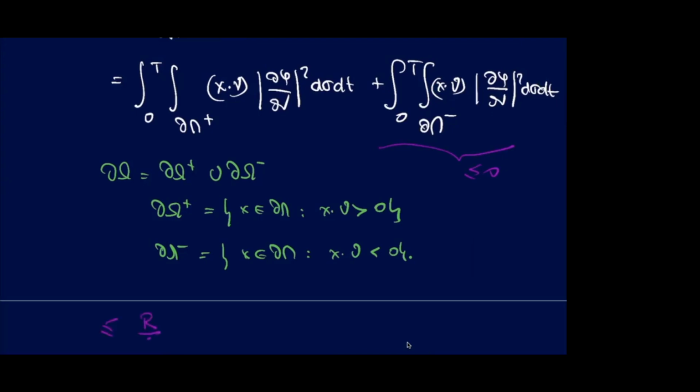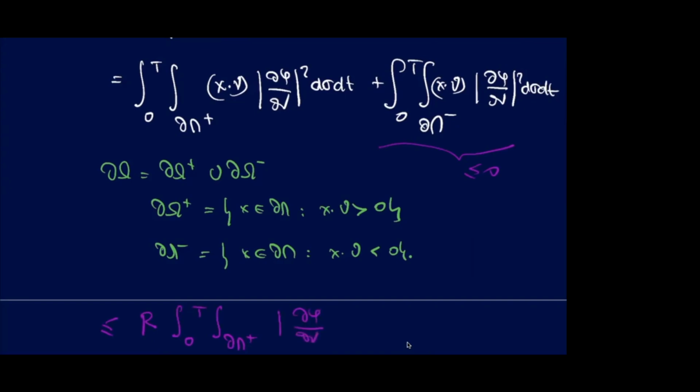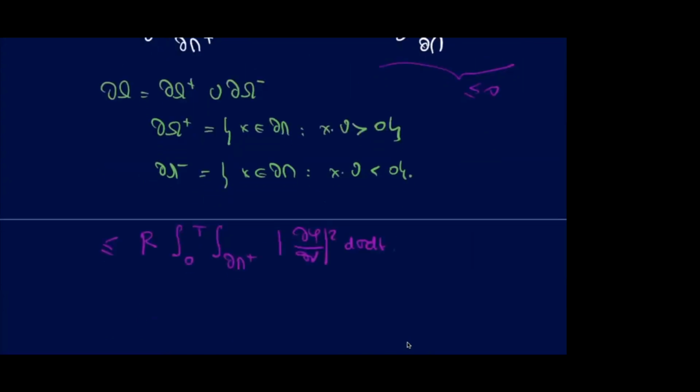The bound on this term will always be achieved with the same constant R, but only localized on this component of the boundary.